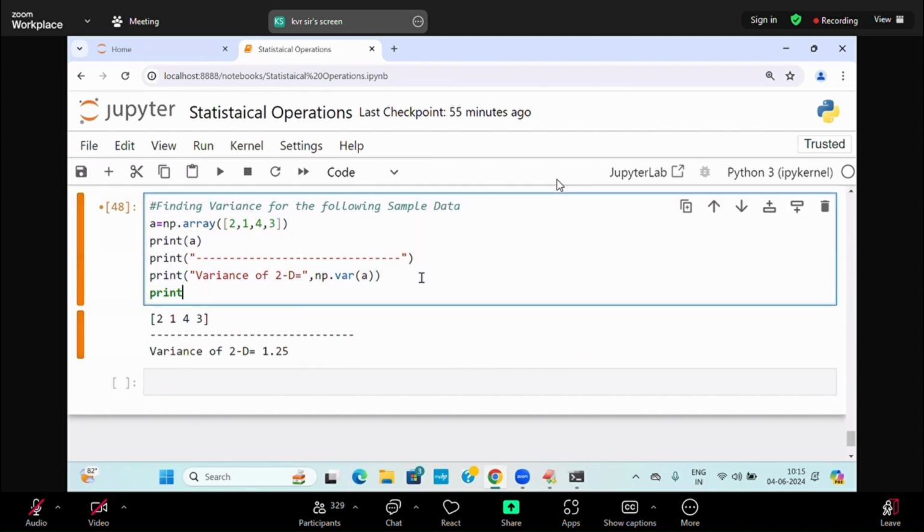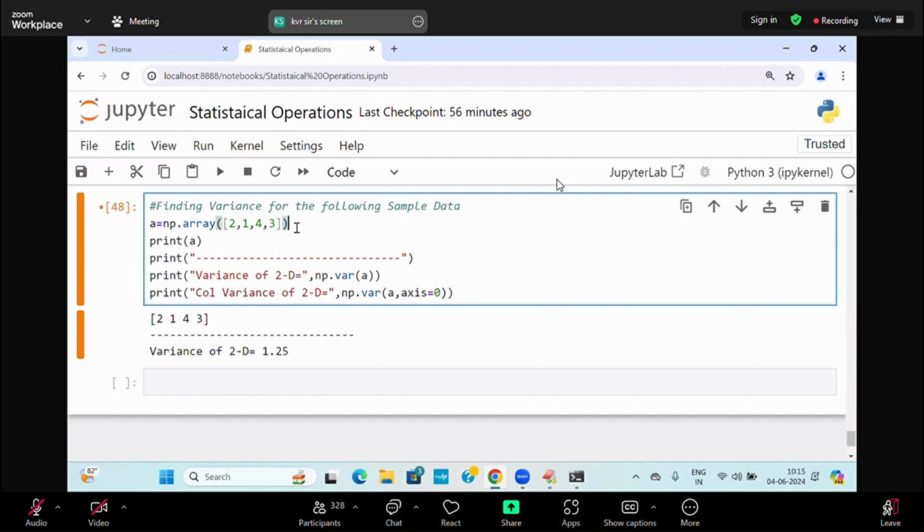Immediately you go for print of column variance. Column variance of 2D is equal to np.var of A, comma, axis equal to 0. What is the column variance here?